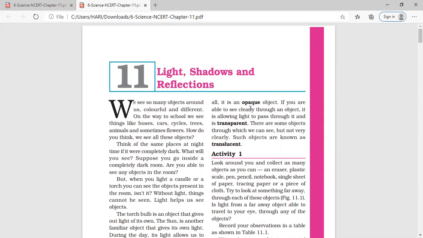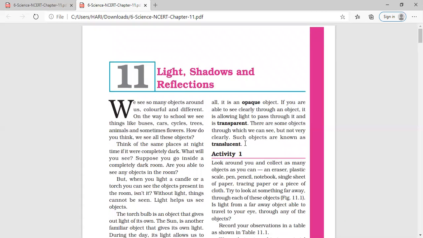If you are able to see clearly through an object, it is allowing light to pass through it. It is called a transparent object. There are some objects through which we can see, but not very clearly. Such objects are called translucent objects. You have already learned in chapter 4 about the transparency of substances or objects.